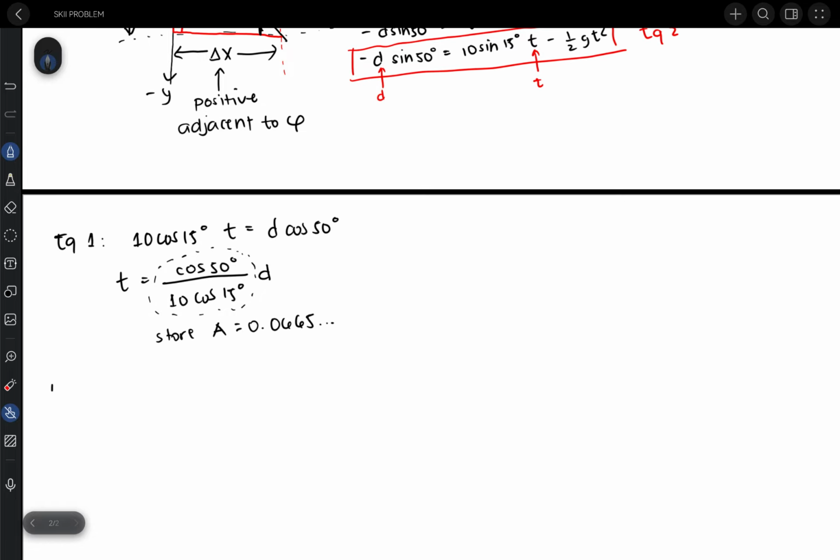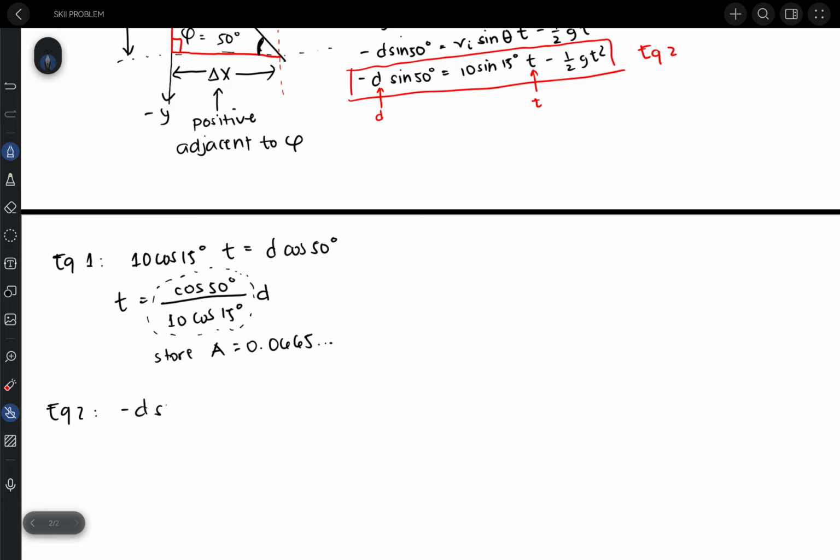So now going back to our equation 2, we have negative d sine of 50 degrees, which is equal to 10 sine of 15 degrees times our t. But what is our t? This is our t now, which is equal to a d, since we stored the value of the coefficient of d to a. So for the sake of simplicity, let's just put a instead of cosine 50 over 10 cosine 15 degrees, because that will make things much easier.